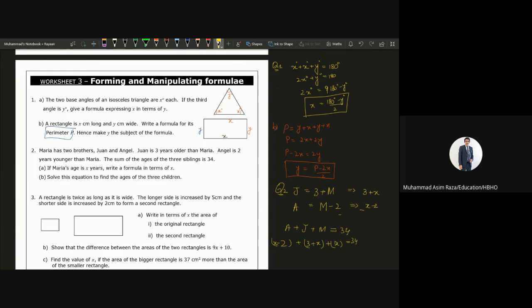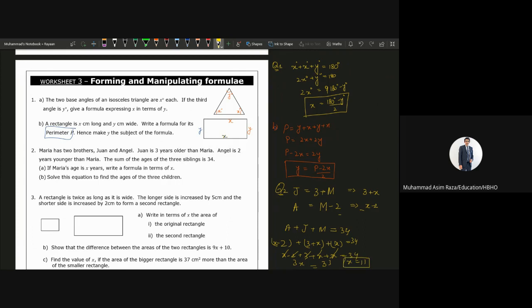So here we can write down x minus 2 plus 3 plus x plus x is equal to 34. We can have 3x minus 2 plus 3, so plus 1, and we will have 3x is equal to 33. And therefore x will be equal to 11.